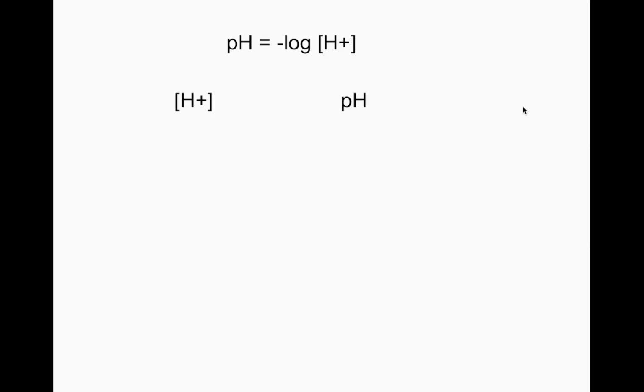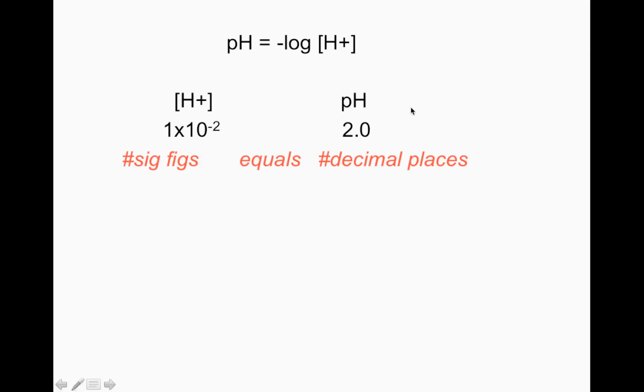So here's our formula again. 1 times 10 to the negative 2nd, if that happened to be our H positive concentration, then the pH would be 2.0. And what I want you to see here is, why do I put down 2.0 and not just 2? And this is how we figure this out. We take a look at the value for the H positive.